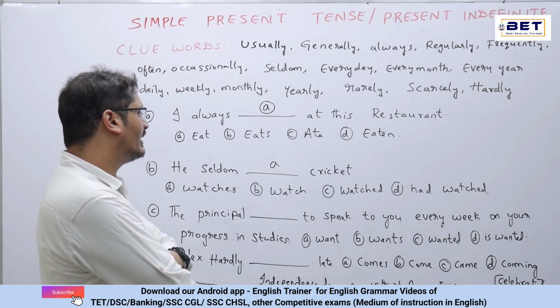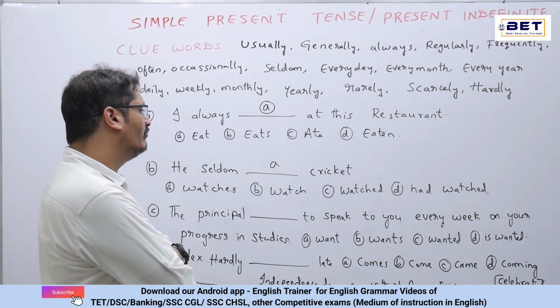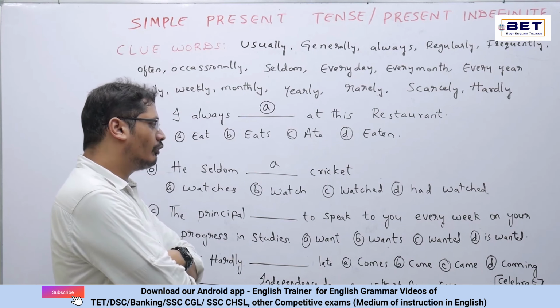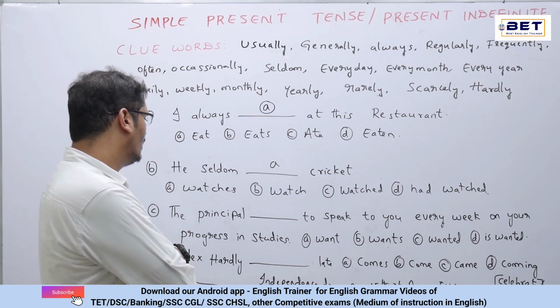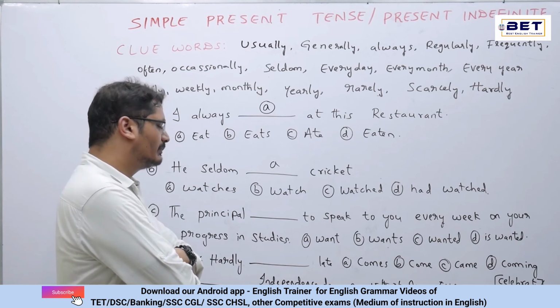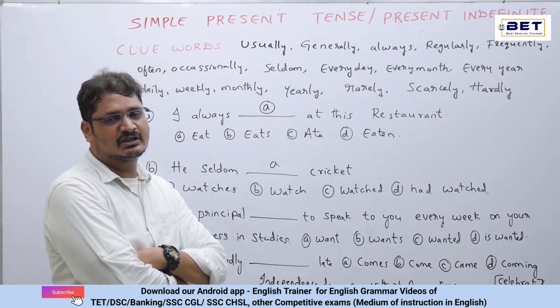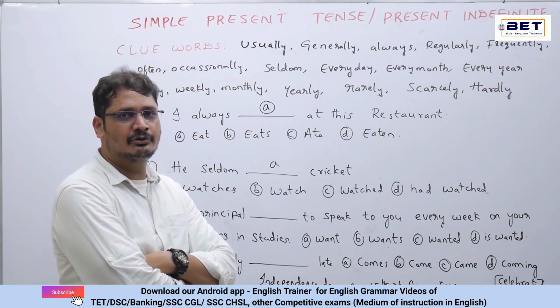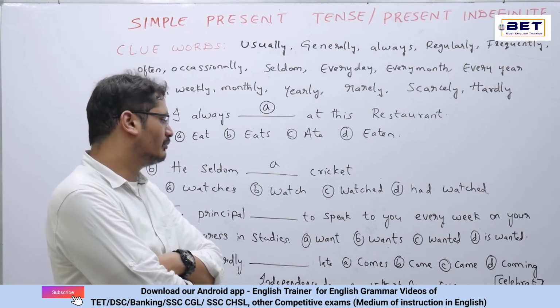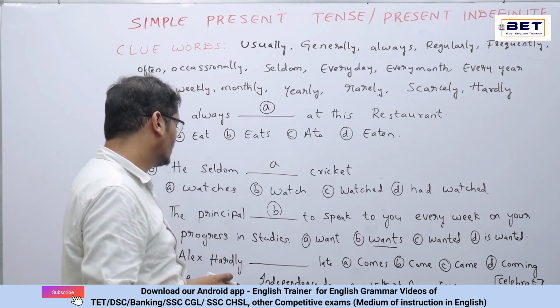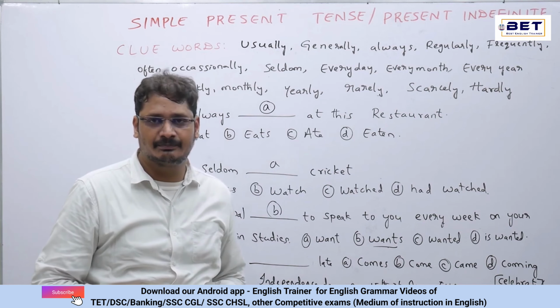The principal dash to speak to you every week on your progress in studies. Option A, want, wants, wanted, is wanted. Now the principal is a person. He is a third person singular, and whenever a third person singular has come in a sentence, you need to go with the singular verb over there. Principal wants, option B. So what is the difference between principal and principle?